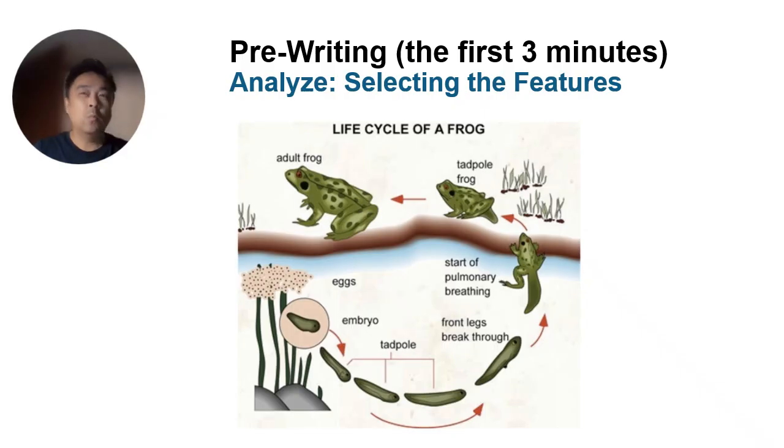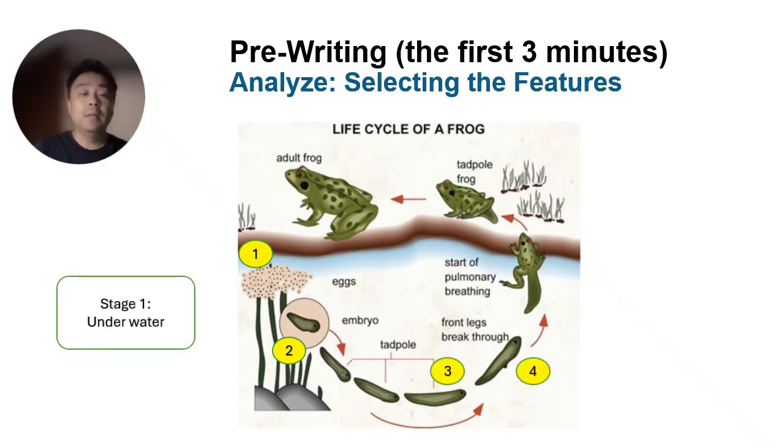So what features should I pay attention to? Well, let me start by numbering the different steps that I see in this image. So over here, I'm going to say I see one stage that happens underwater. And where does it begin for me? Well, it has to begin with the eggs.